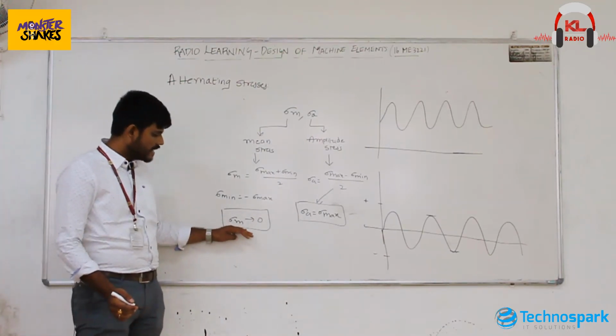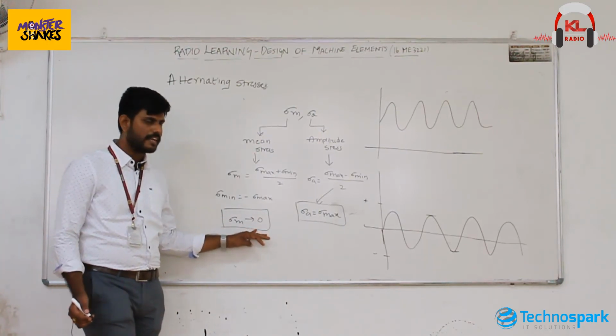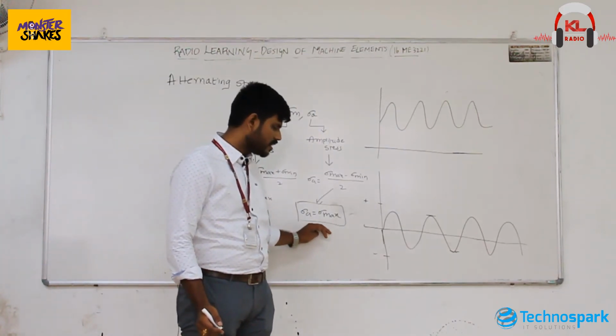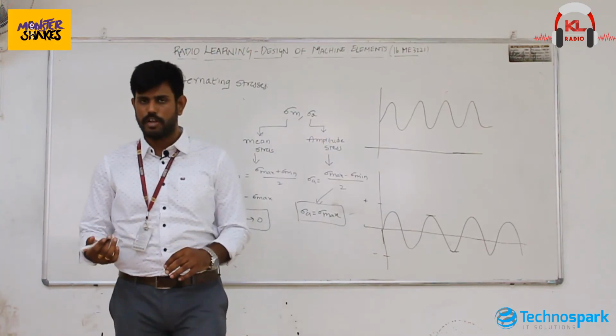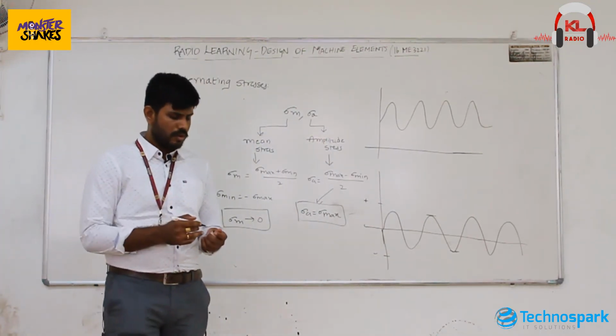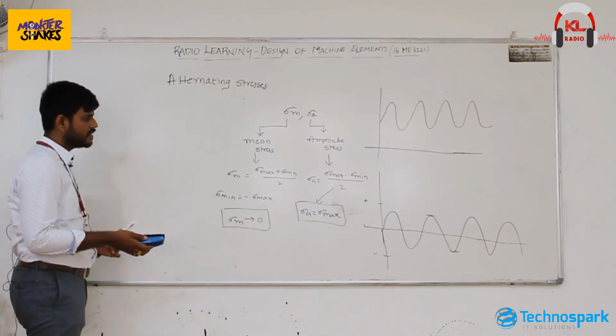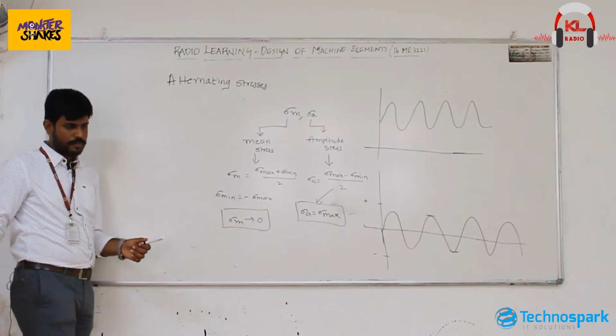As the mean stress is 0, there won't be any effect of mean stress, and the amplitude stress is equal to the maximum stress developed due to maximum load. This is the basic concept required for alternating stresses.